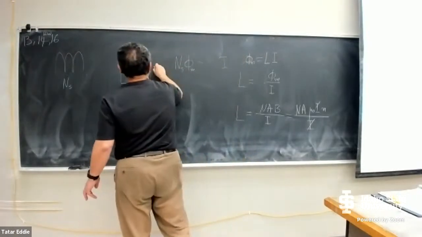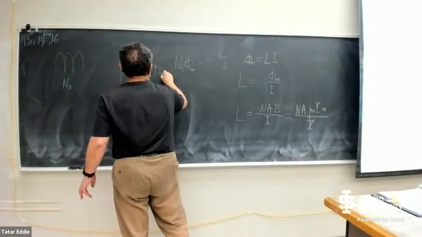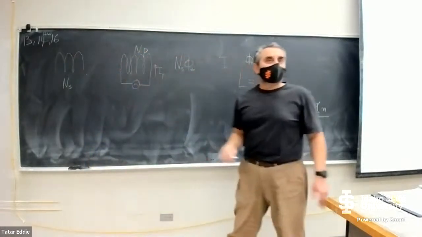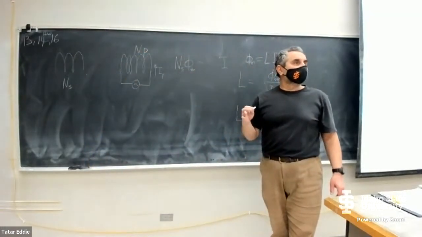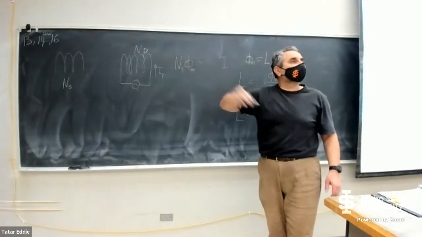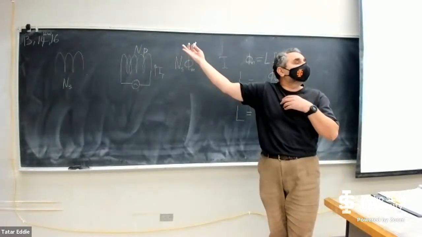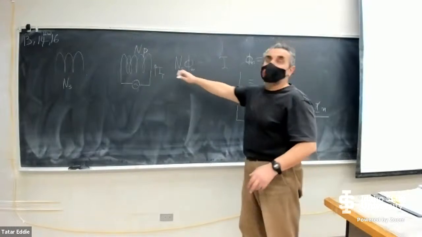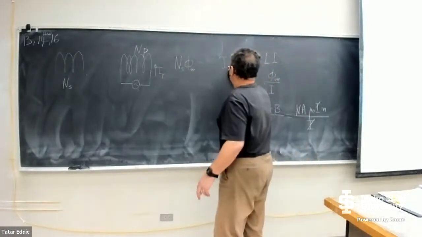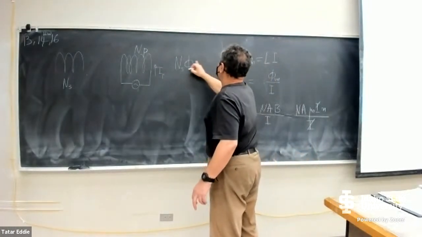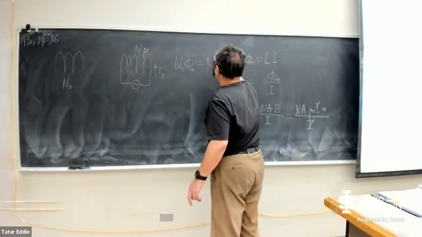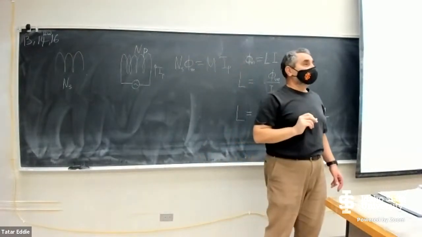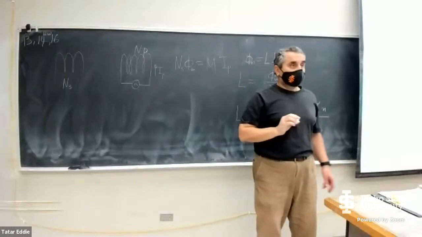The current in the primary is variable in direction, so it goes back and forth, but it has some RMS value, and we call it I primary RMS value. So it is proportional to the primary. The coefficient of proportionality we call the coefficient of mutual inductance.